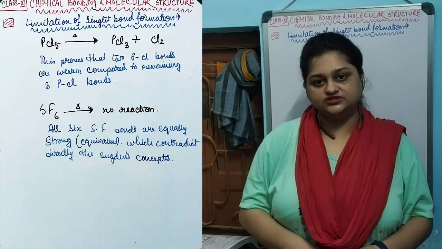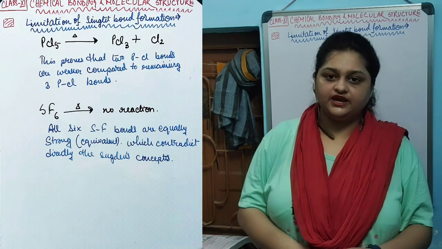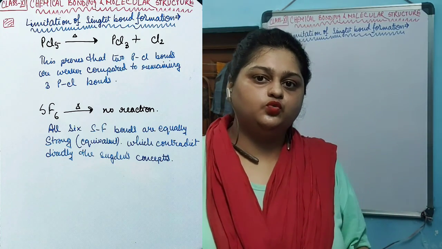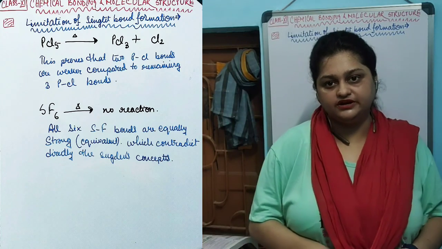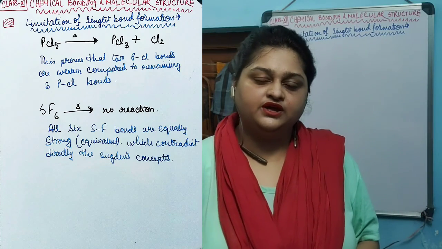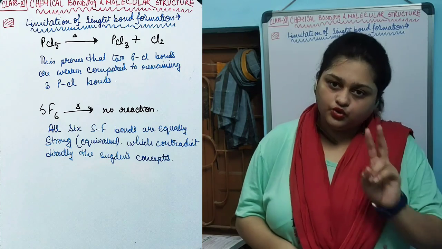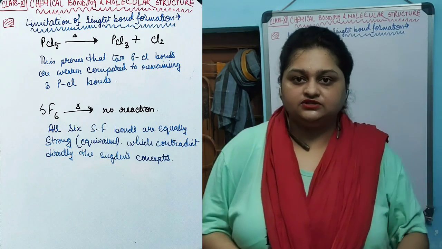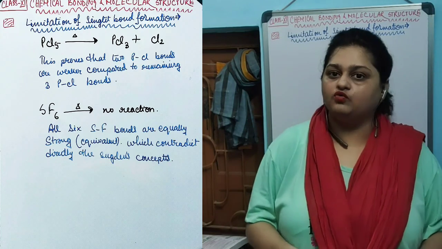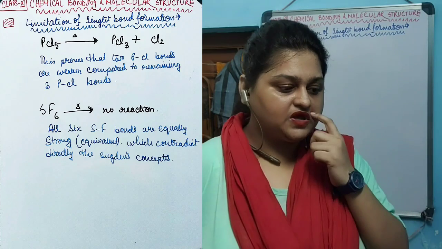In Sidgwick's concept, the singlet linkage was found to be much weaker compared to the normal doublet linkage covalent bond. In PCl5, out of the 5 bonds, 2 bonds were singlet linkage and the remaining 3 bonds were normal doublet linkage covalent bonds.